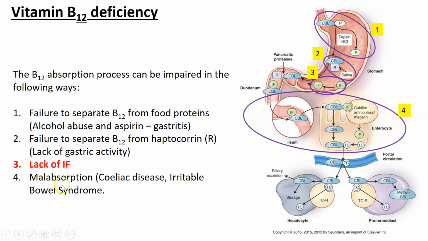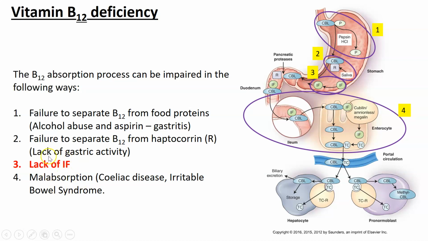And then there are other bowel diseases such as celiac disease that can cause malabsorption. Irritable bowel syndrome, celiac disease, these gastrointestinal problems can all have an impact on the ability of your intestines to absorb vitamin B12.